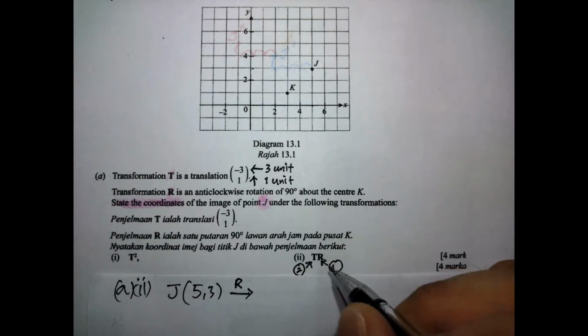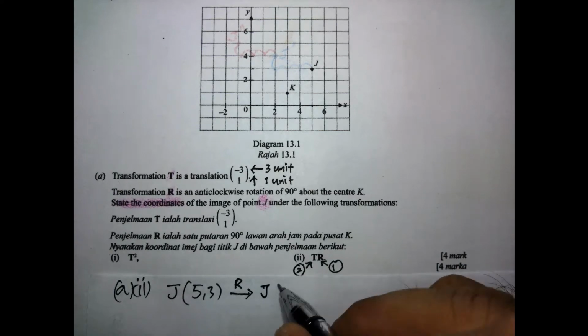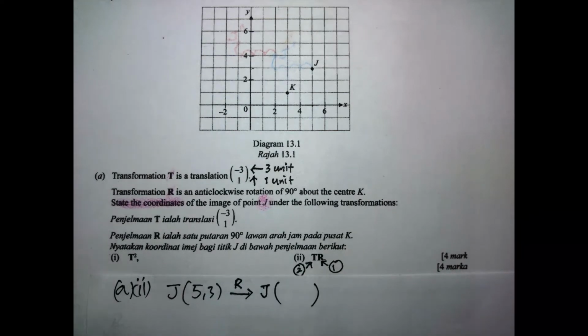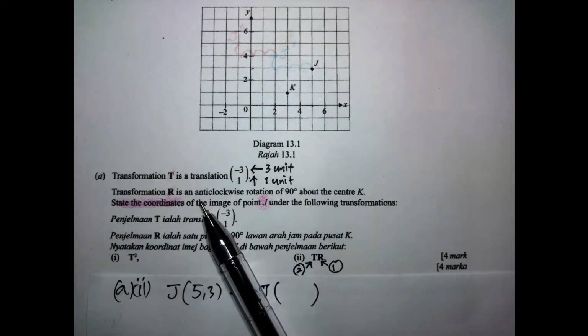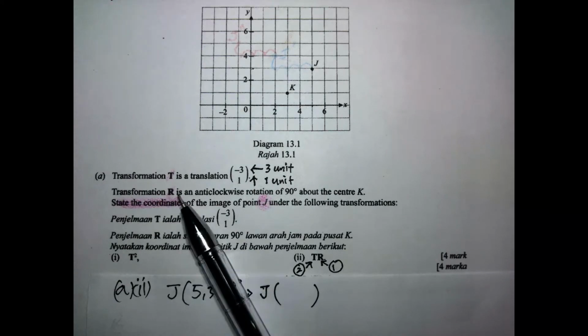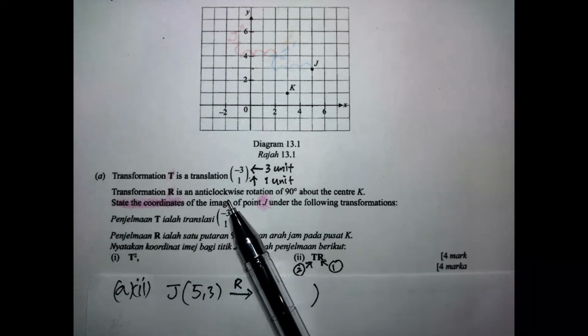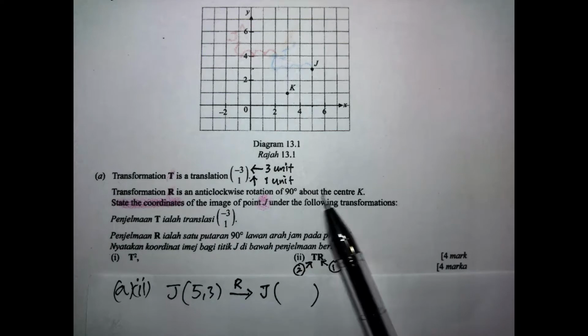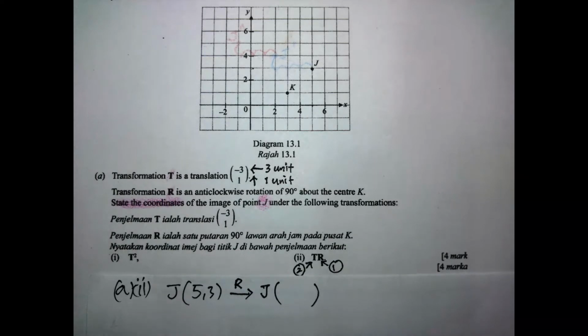R first. So R is rotation. For rotations, you need to identify the center and the direction of rotation. So you see, R is an anti-clockwise rotation of 90 degrees about the center of K. So K is our center.